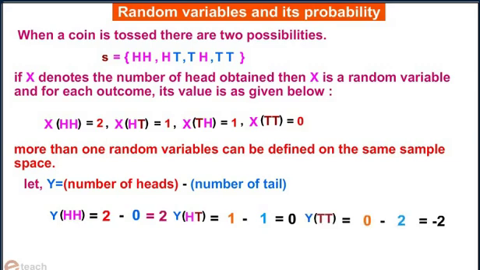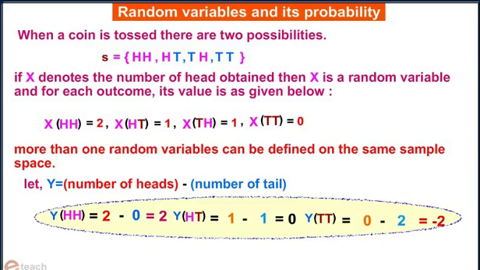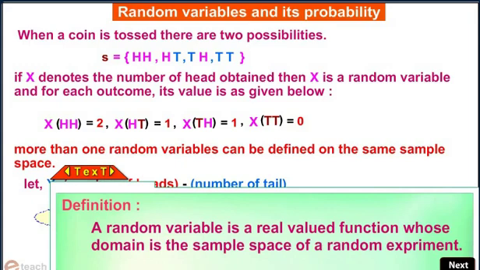Y(TT) equals 0 minus 2, that is minus 2. Definition: a random variable is a real valued function whose domain is the sample space of a random experiment.